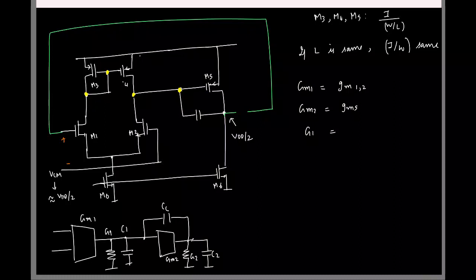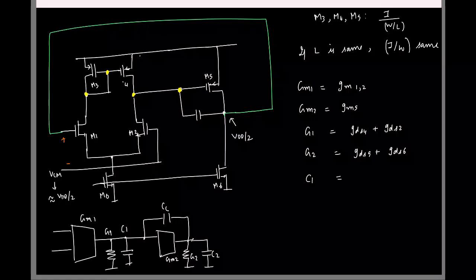Yeah, G1 is the conductance at this node. What is the total conductance at that node? RO4 parallel RO2. So in terms of conductance, I'll write it as GDS4 plus GDS2. That's all. Okay. What about G2? So that's basically the conductance here. RO5 parallel with RO6. So that is GDS5 plus GDS6.